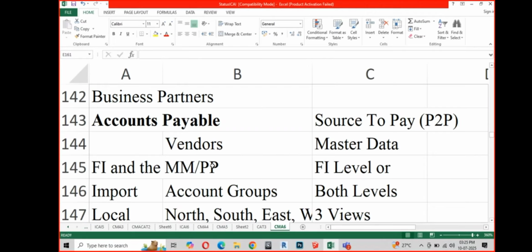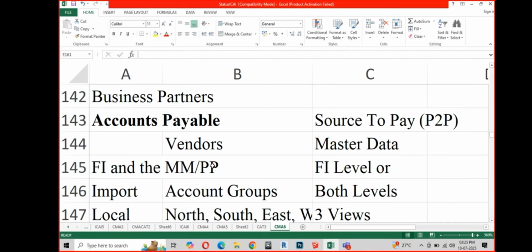Now, what exactly do we do in our accounts payable? You can have two categories of vendors. Basically, one which is being handled by only the finance, and the other master data, which becomes the responsibility of the other module also.